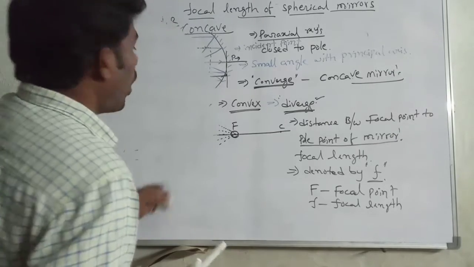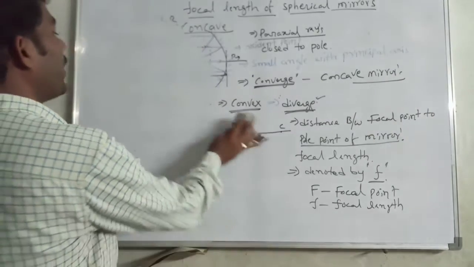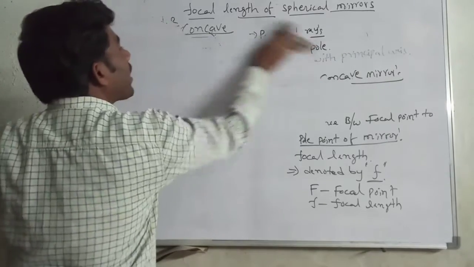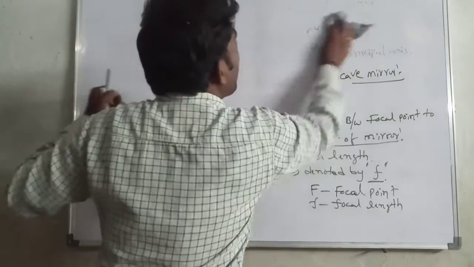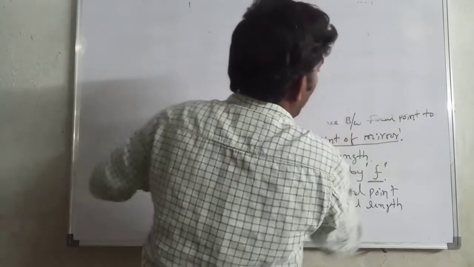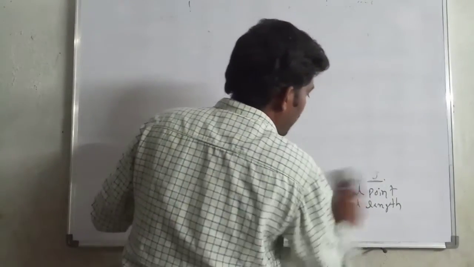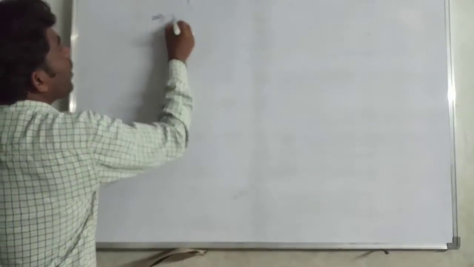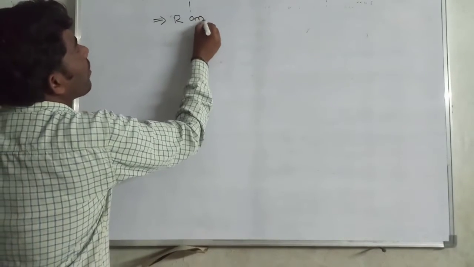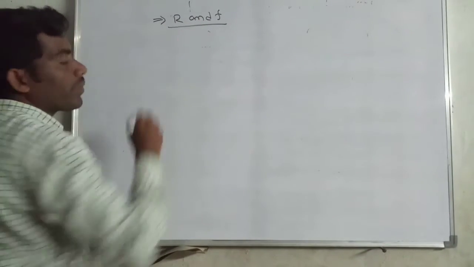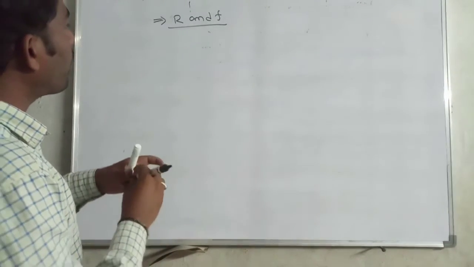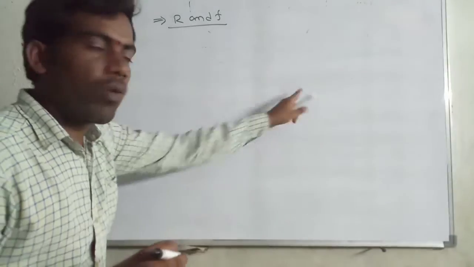Now we derive the relation between the radius of the center of curvature and the focal length. Now we move to the relation between R and F. What is R? The distance from the center of curvature to the pole point.